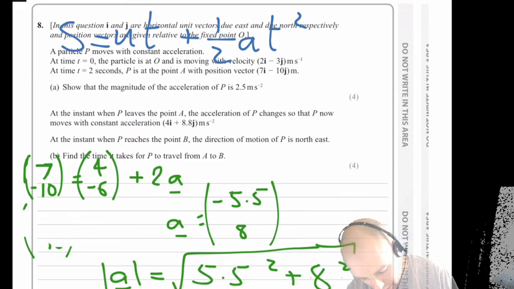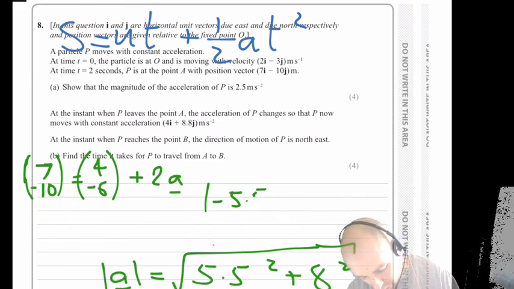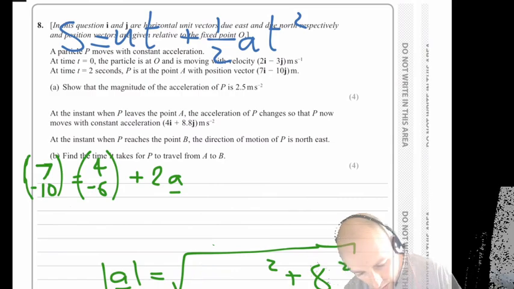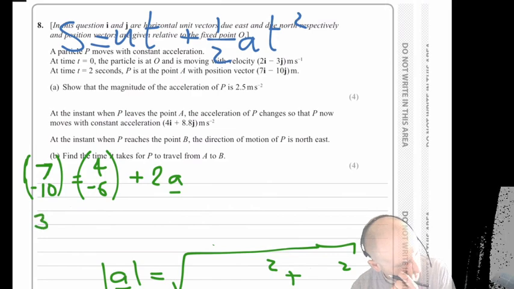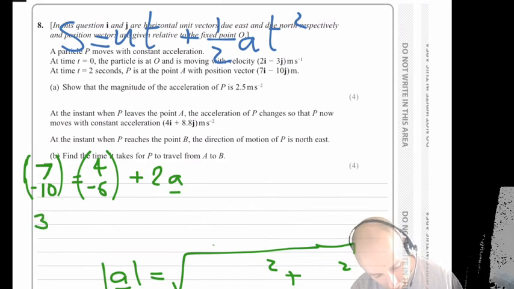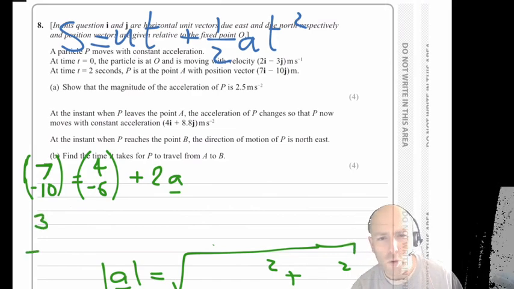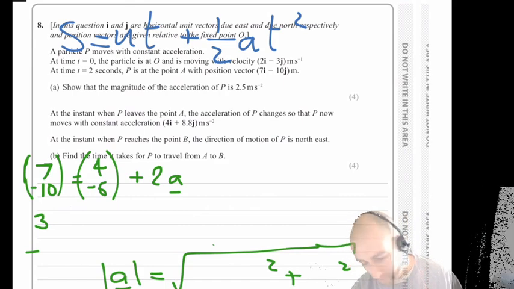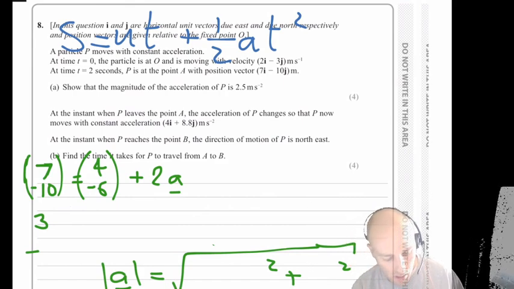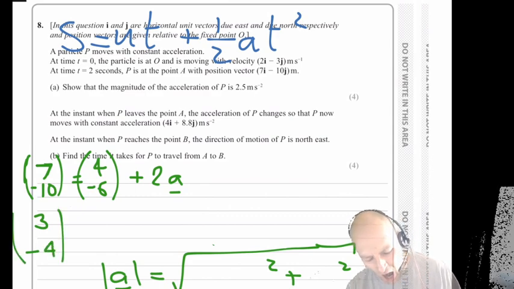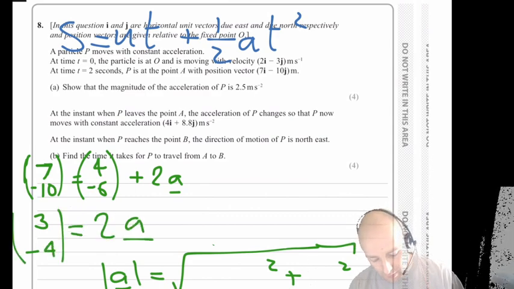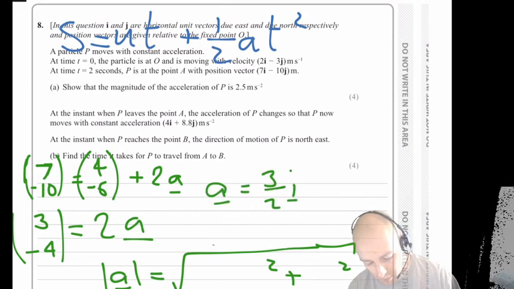Okay, easily done. Don't worry. So 7 take 4 is 3. Minus 10 minus minus 6 is going to be minus 4. So we get a is 3 over 2 i minus 2j.